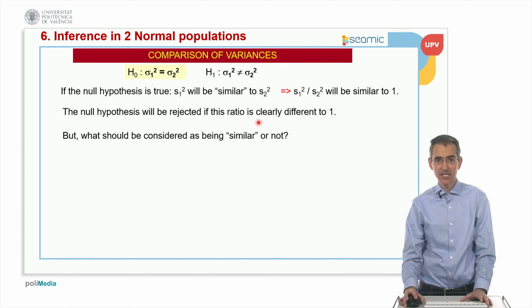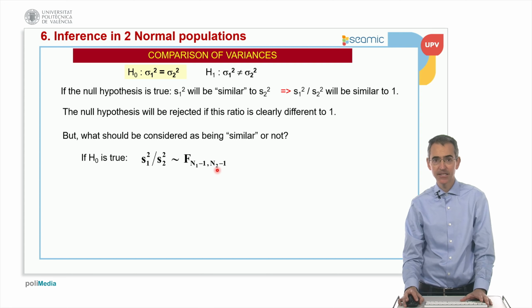But what should be considered as being similar or not? We need some kind of statistical distribution, and it is based on the Fisher's distribution. If the null hypothesis is true, this ratio of sample variances follows a Fisher's distribution, with n1 minus 1 degrees of freedom in the numerator and n2 minus 1 in the denominator.